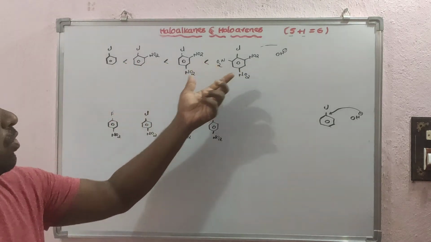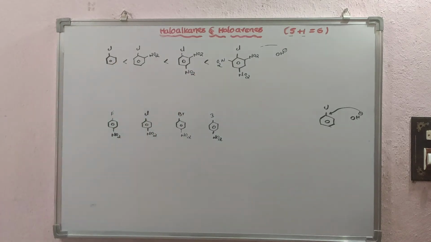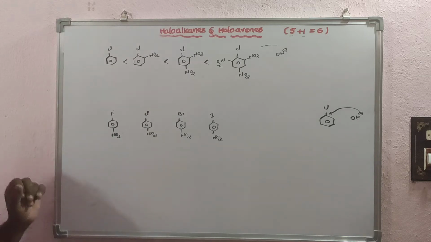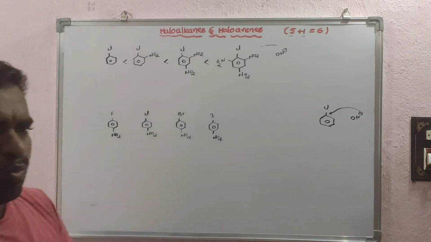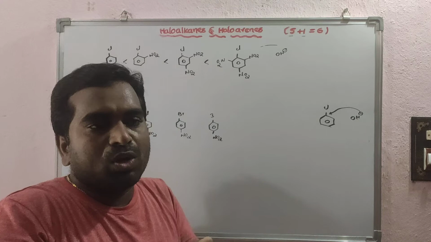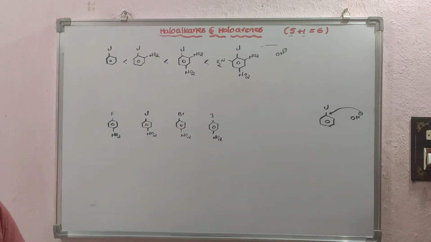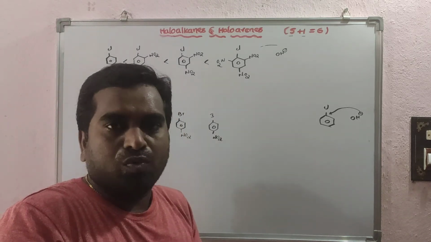Here 3 withdrawing groups, here 2, here 1, and there is no withdrawing group. Now here this is important. Previously we discussed which are the good leaving groups among the halogens. The first one is iodine.